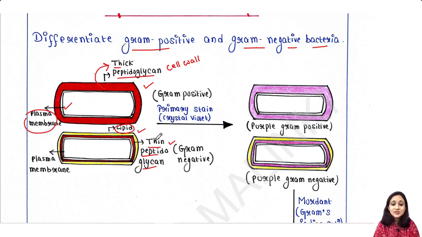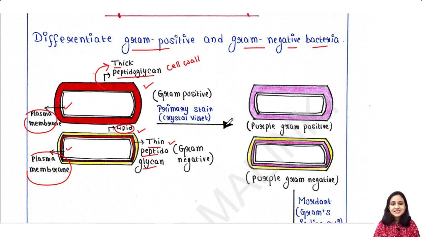That is also extra in gram negative bacteria, because in gram positive bacteria you will not get any extra lipid layer outside the peptidoglycan cell wall, and the plasma membrane is present beneath the peptidoglycan cell layer.